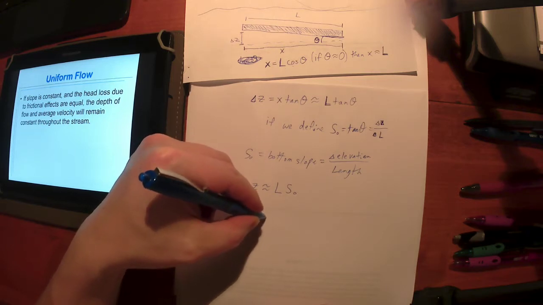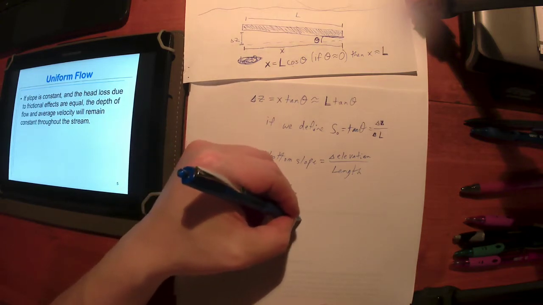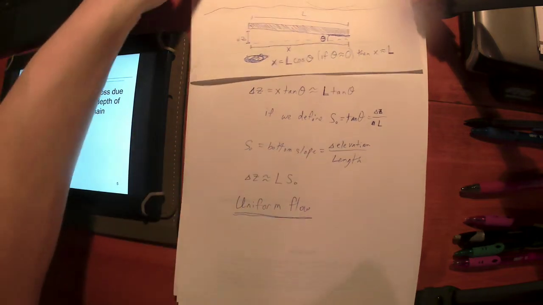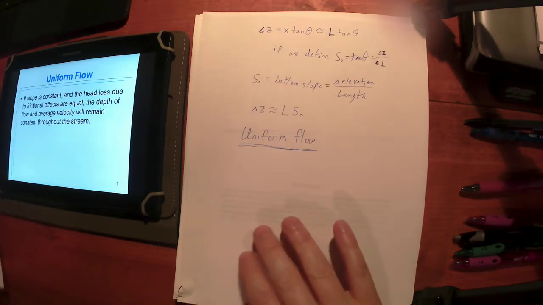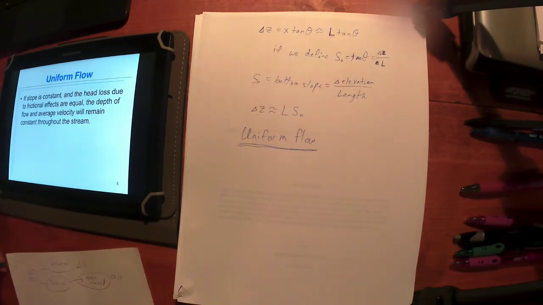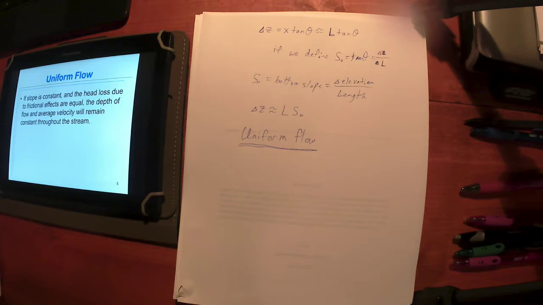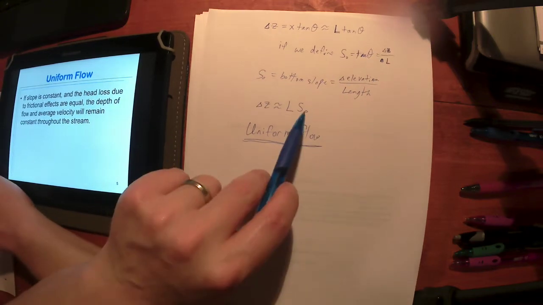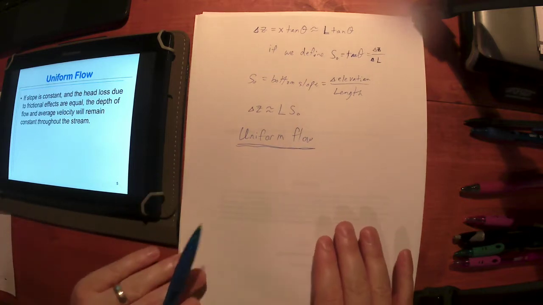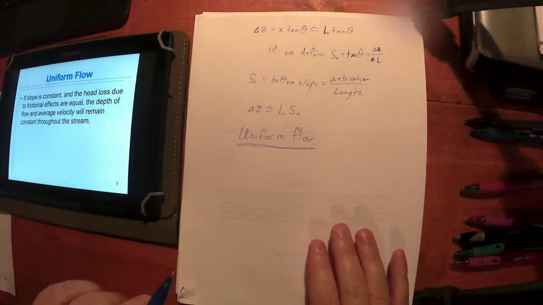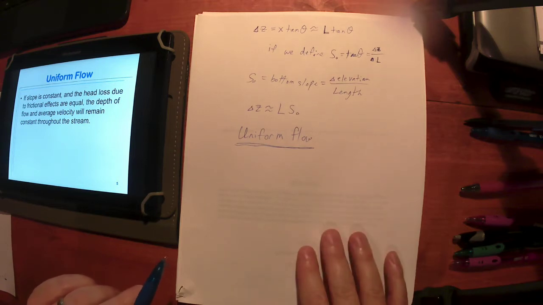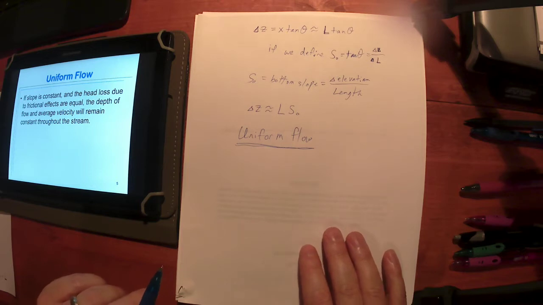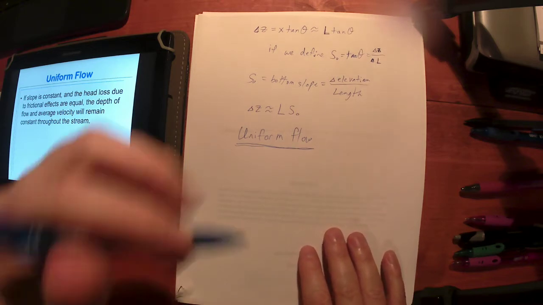Okay, so with that in mind, let's talk about the concept we call uniform flow. This is a common thing we'll use in open channel flow design. According to the slide here, uniform flow says that if the slope is constant, S naught doesn't change, and the head loss due to frictional effects is constant, the depth of flow and the average flow speed will remain constant.